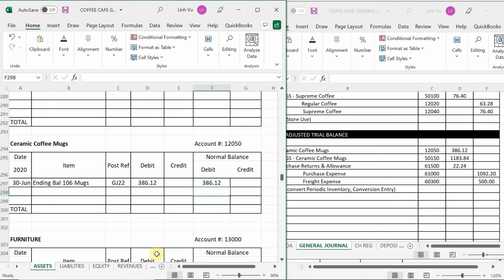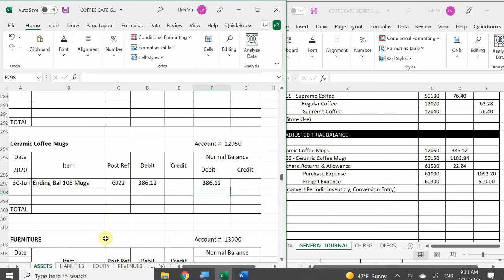We also have to update our cost of goods sold for the ceramic cups.